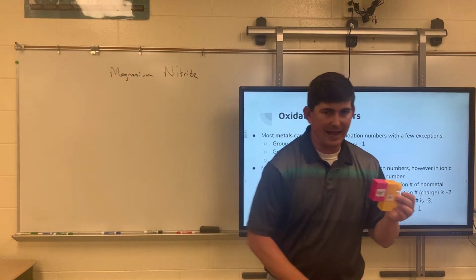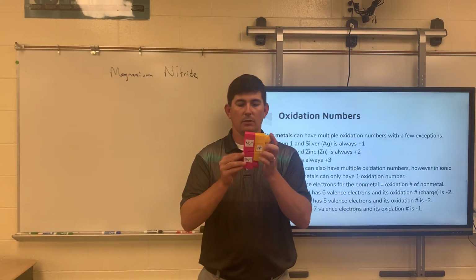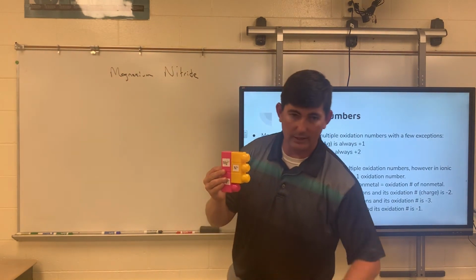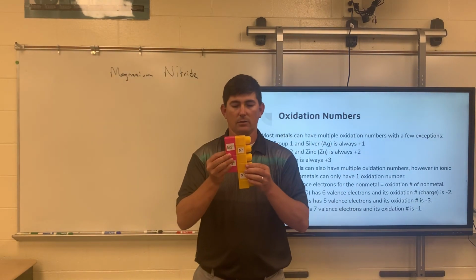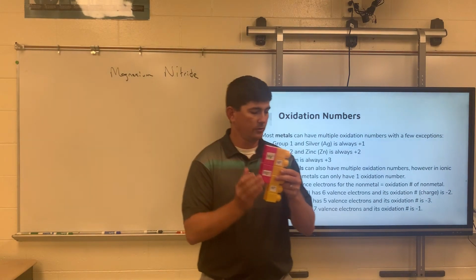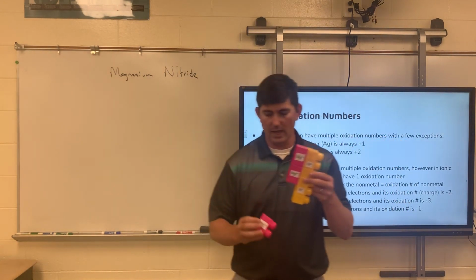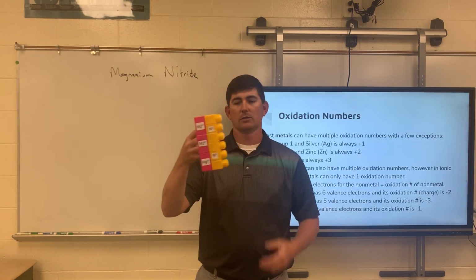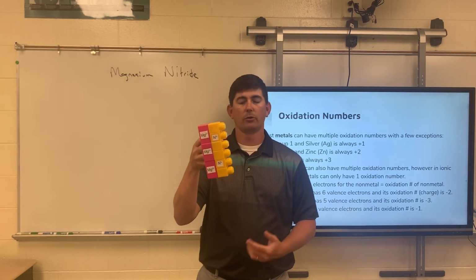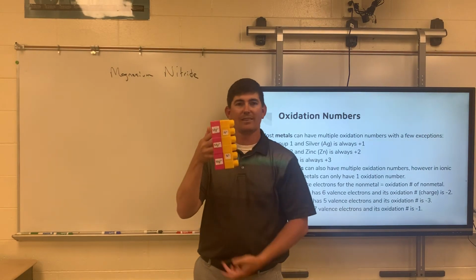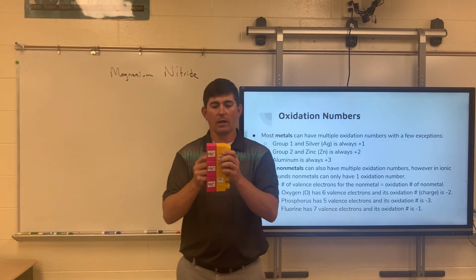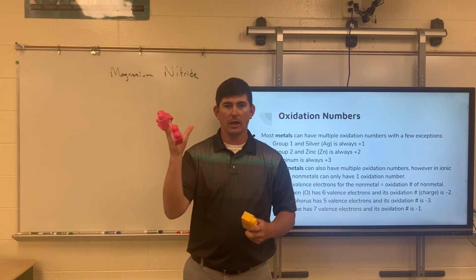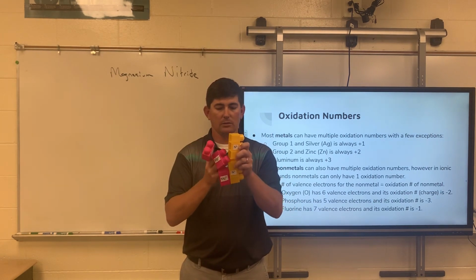If I add another magnesium, we're still not happy. Then I can add another nitrogen and see that we're still not happy. Then if we add one more magnesium, we end up with something that works so that both parties, the nitrides and the magnesium, are happy. So what did I do? I ended up using 2 of the nitrides and 3 of the magnesiums, right?